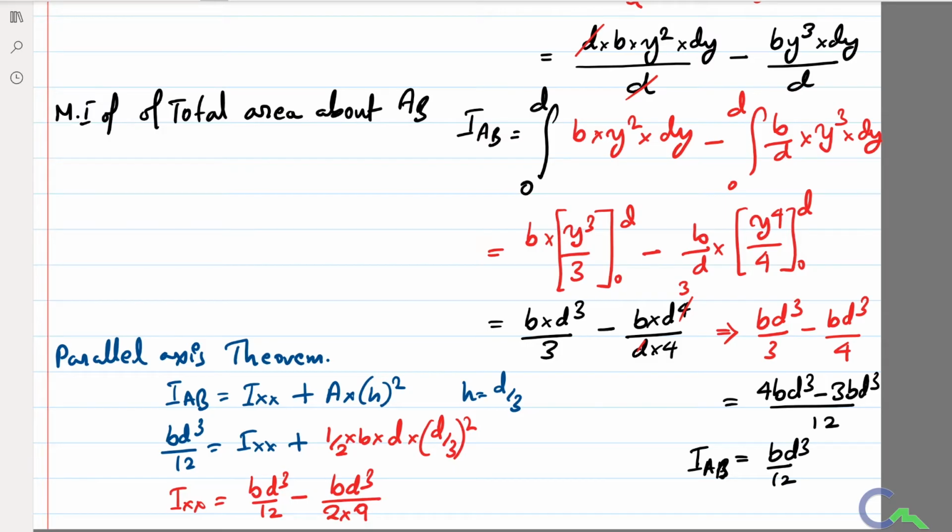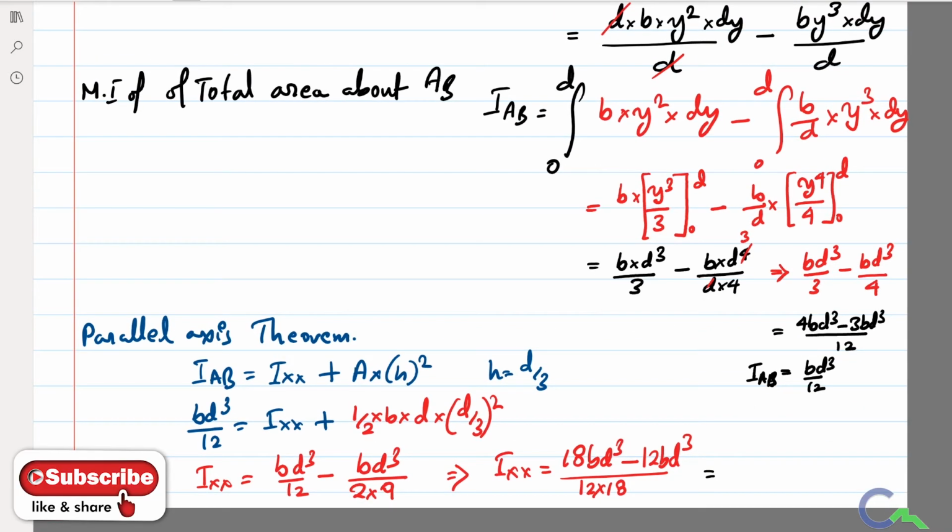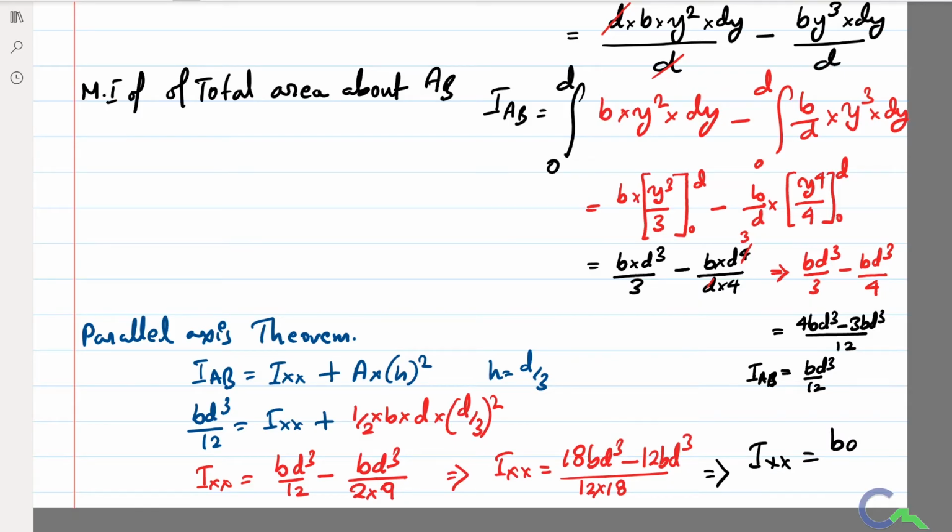Simplifying, IXX is equal to 18 b d cube minus 12 b d cube divided by 12 into 18. Simplifying this, I will get IXX is equal to b d cube divided by 36. So that is the second derivation, the moment of inertia for the triangle.